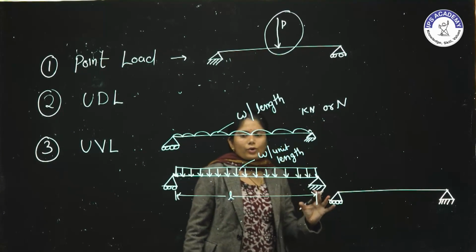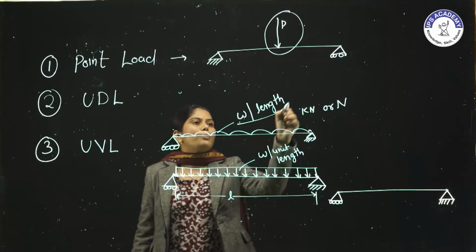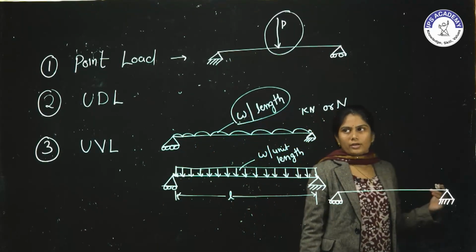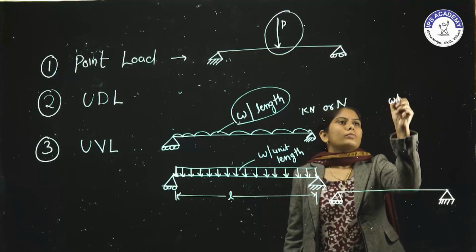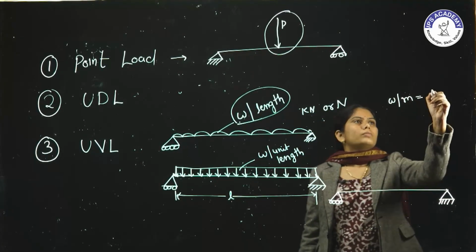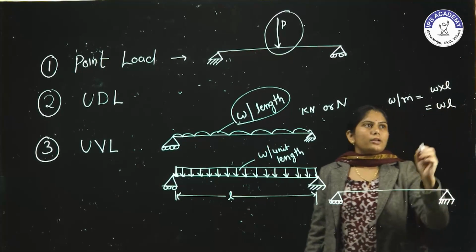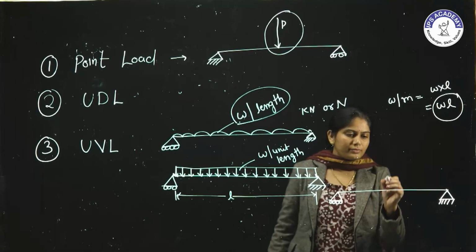For the equivalent load diagram, we have to convert W per length to kilonewton or Newton. So WL, this WL will act at the center.